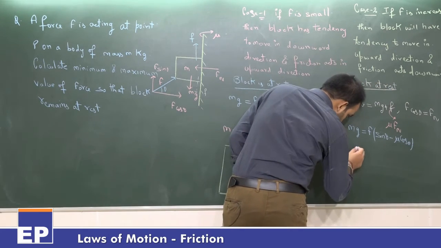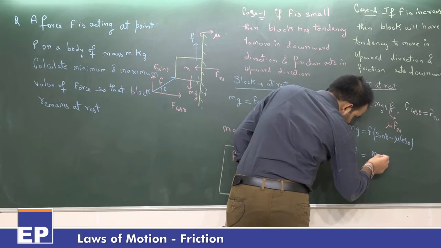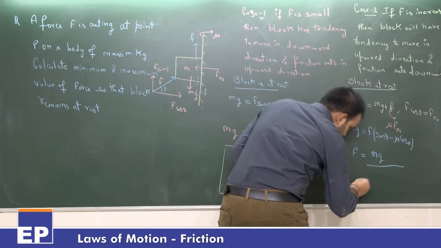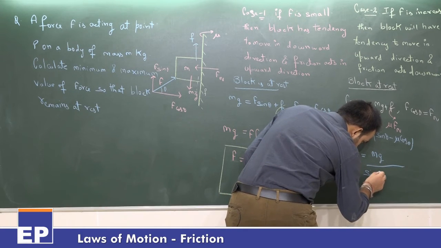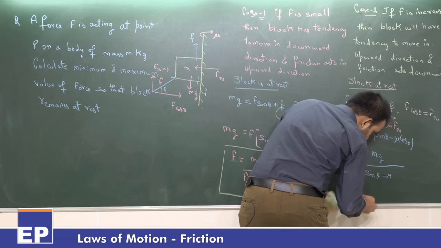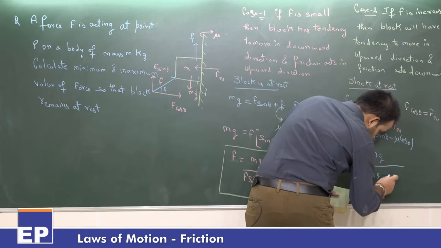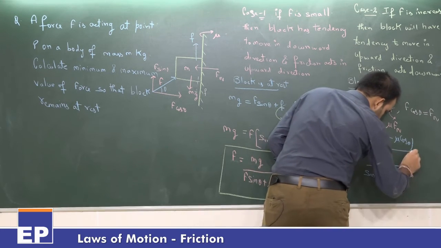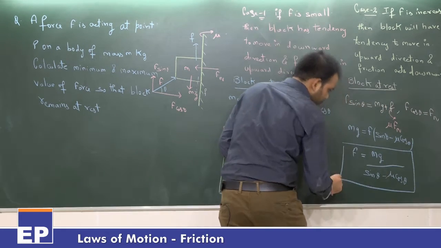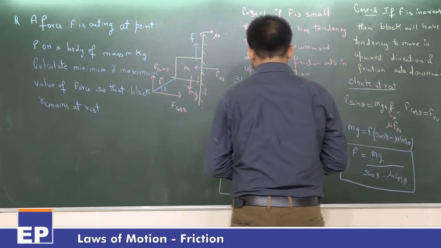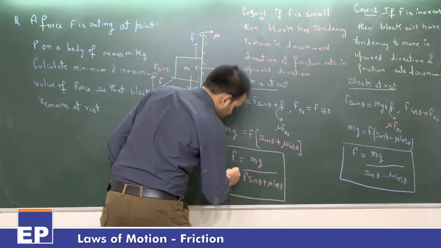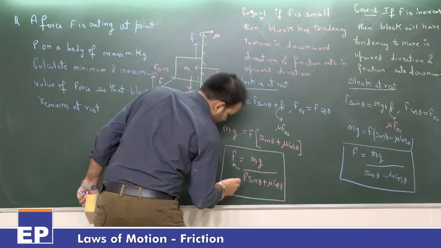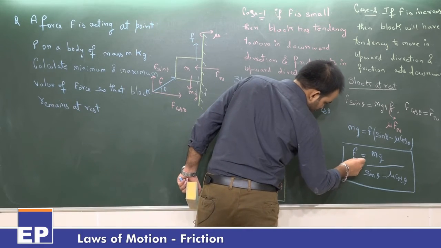So F will come out to be mg by sin theta minus mu cos theta. This is the minimum one and this is the maximum.